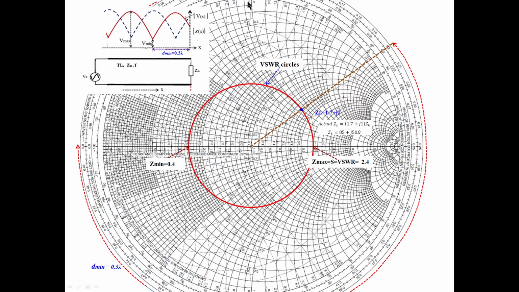So the reactance is plus 1, because we are above the axis. So the normalized impedance at this position is 1.7 plus j1. This is the load value. Multiply this by the characteristic impedance and we get the actual value. That way we can find the unknown load if the minima is given.